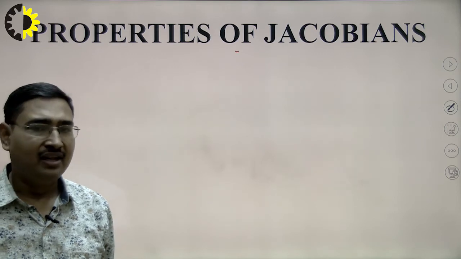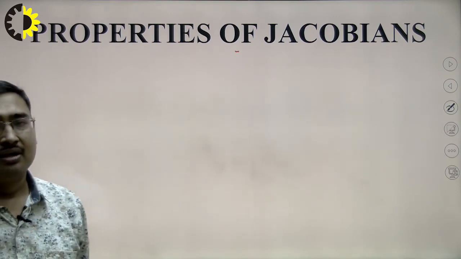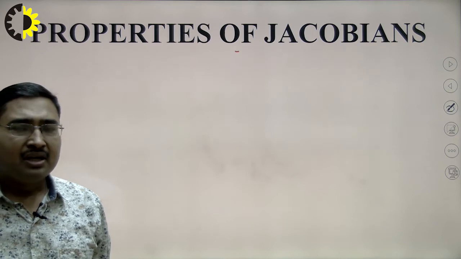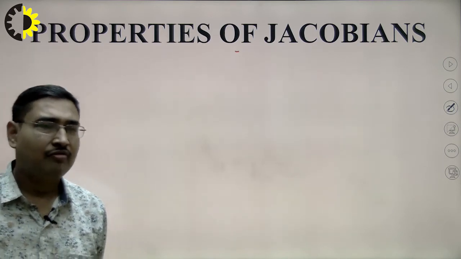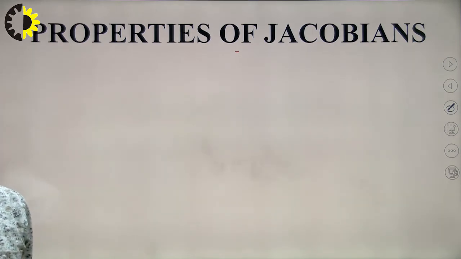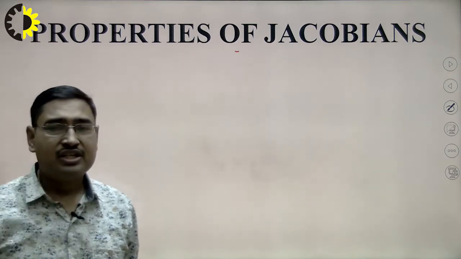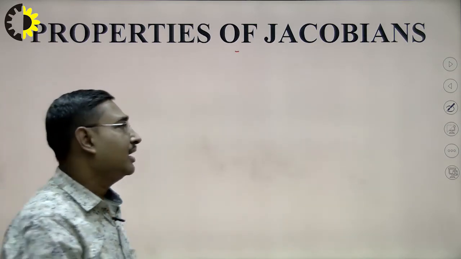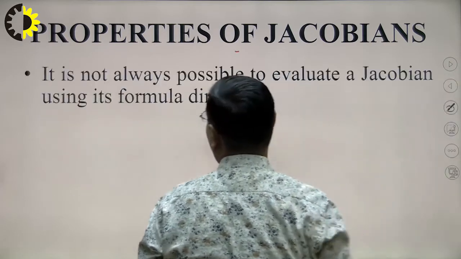Then we can find the Jacobian by applying the formula directly. But in most of the problems occurring before us, it is not the case. The values of functions are not directly given in terms of independent variables.